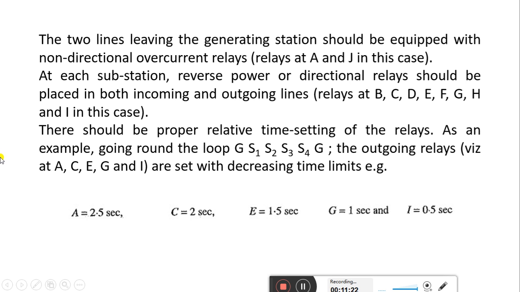Now, at each substation, reverse power or directional relays should be placed in both incoming and outgoing lines, such as relays B, C, D, E, F, G, H and I in this case.